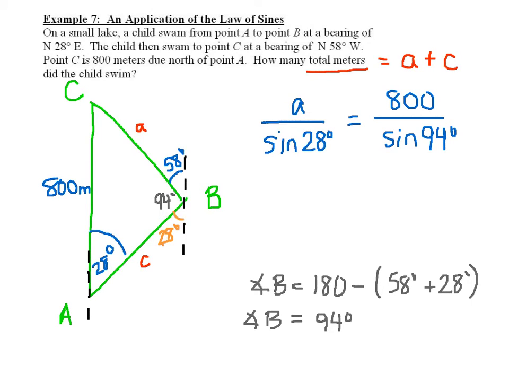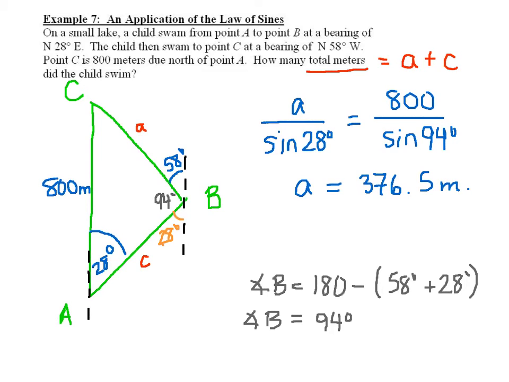So once we do all of our math, cross multiply, divide, we find out that side A ends up giving you 376.5 meters. So that's for side A.